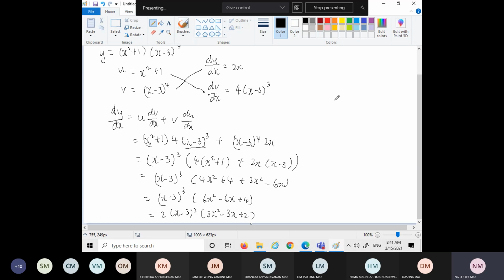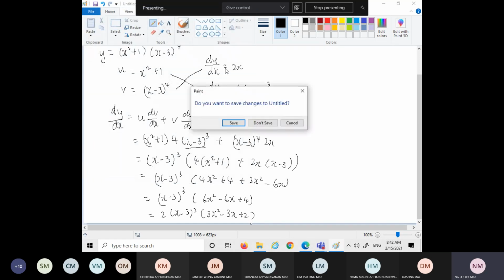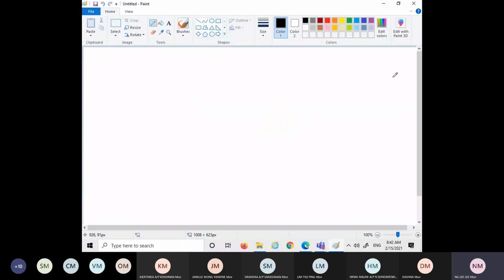Okay, so I'm going to go through example B as well. This is example number 8B.